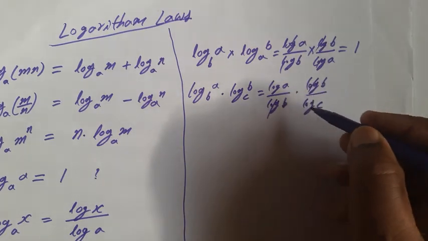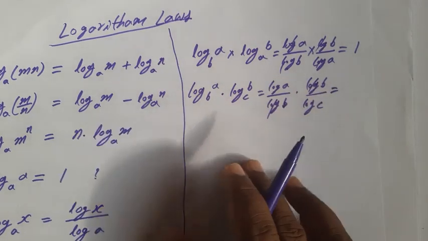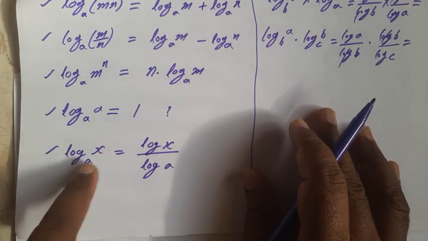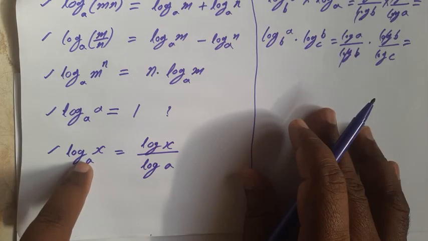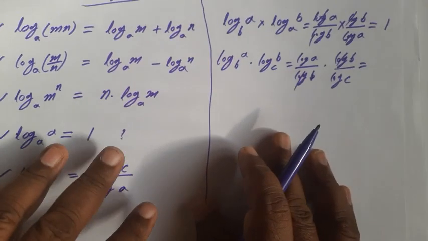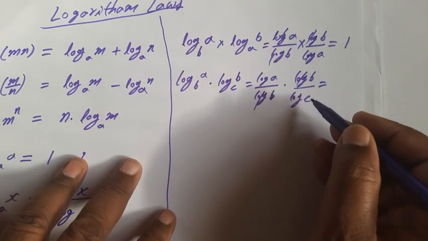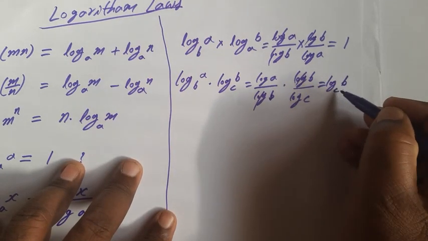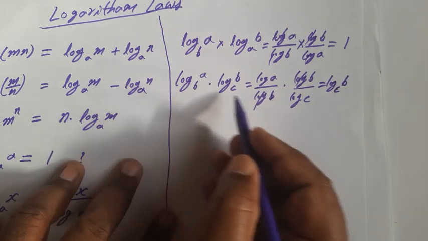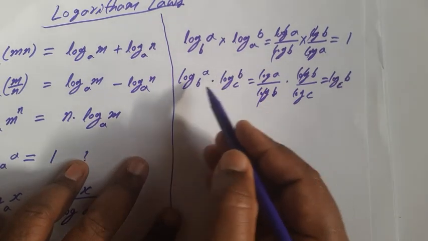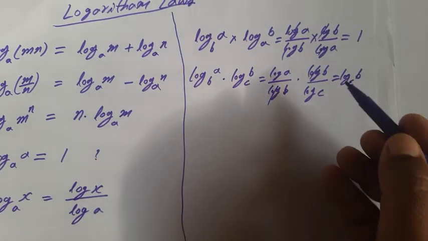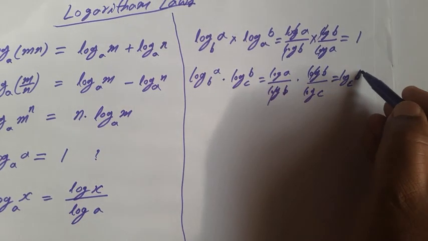Only log a by log c is left. Log x by log a is log x base a, so the bottom one becomes the base. So here log b cancels, and we get log a base c.